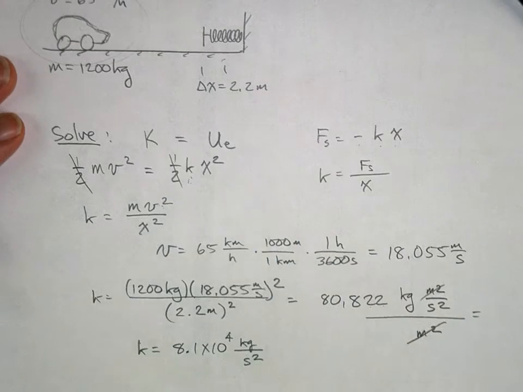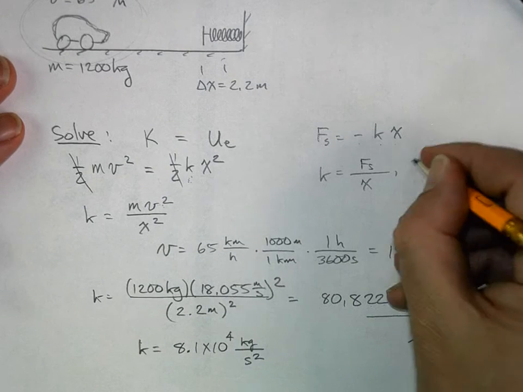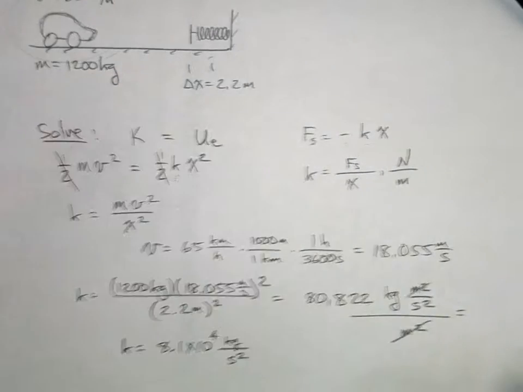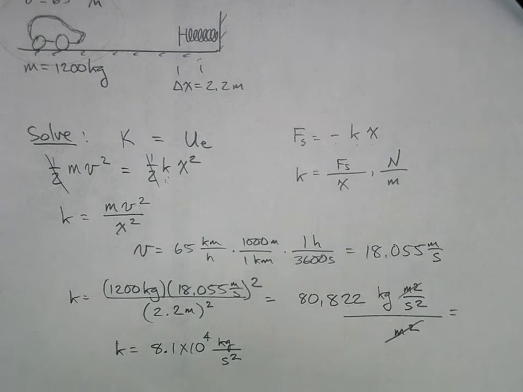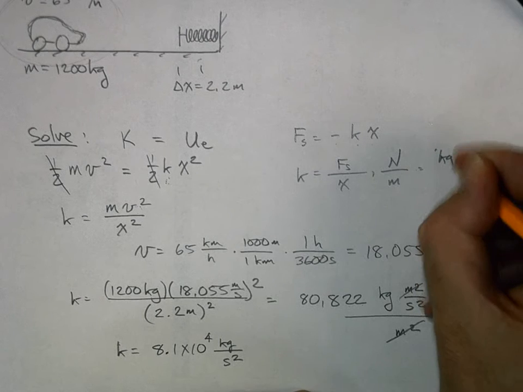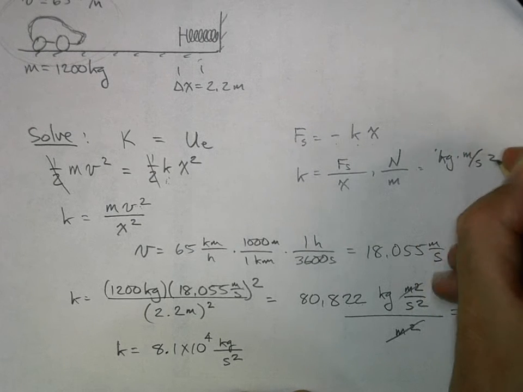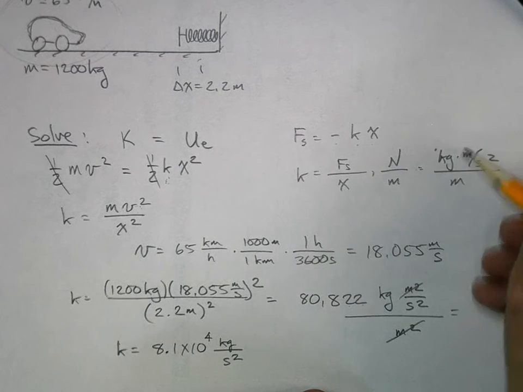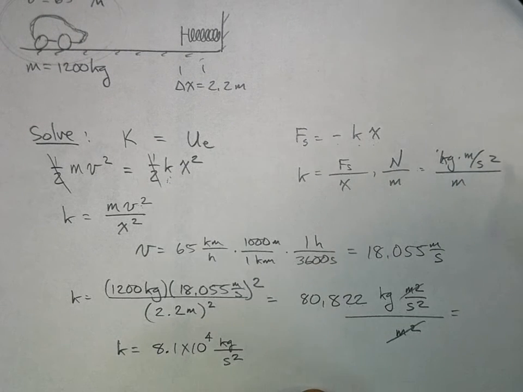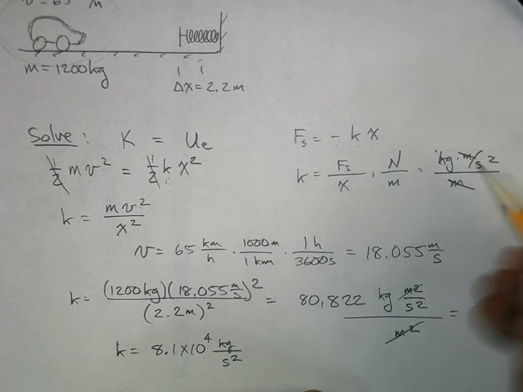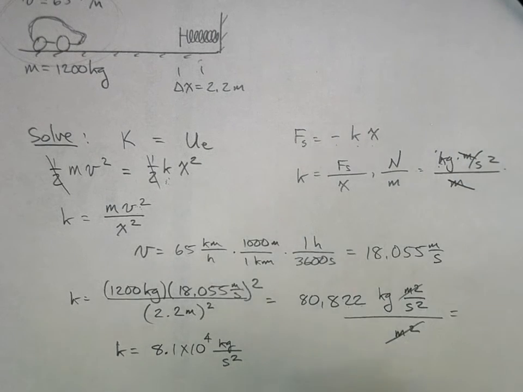I'm going to drop the negative sign, but this is units of newtons, and this is units of meters, and that's the proper use of this. Now let's check that. A newton is a kilogram meter per second squared, right? And then we're going to divide that by meters, right? Mass times acceleration, kilogram meters per second squared, that's a newton. And notice the meters cancels the meters, giving us kilograms per second squared.